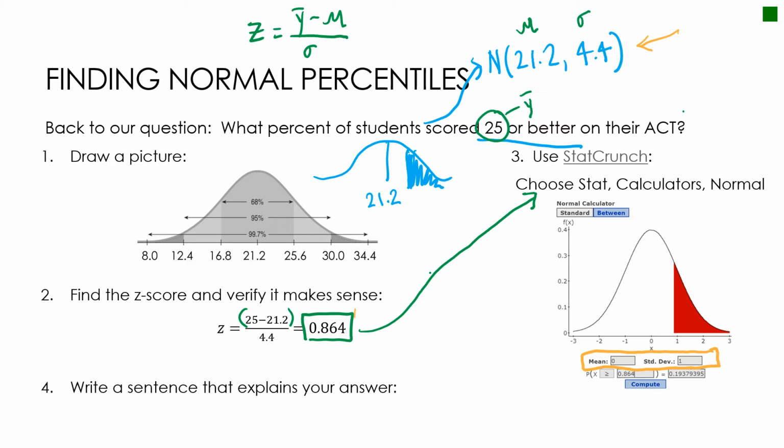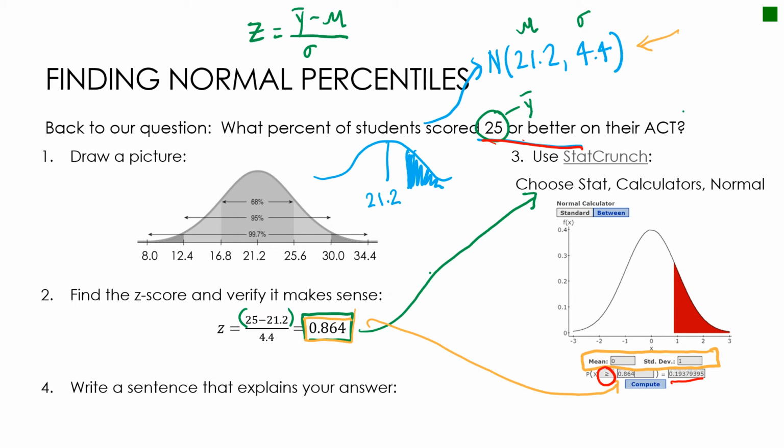I am using the z-score right here and a mean of 0 and a standard deviation of 1. Notice I've chosen greater than or equal to here, and I chose that because I was looking for 25 or better.